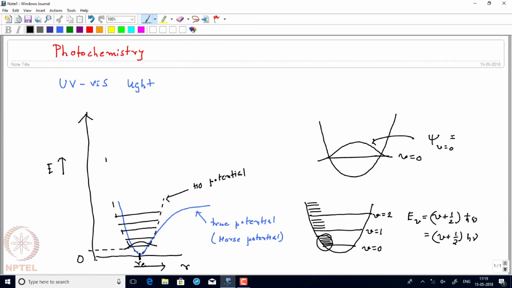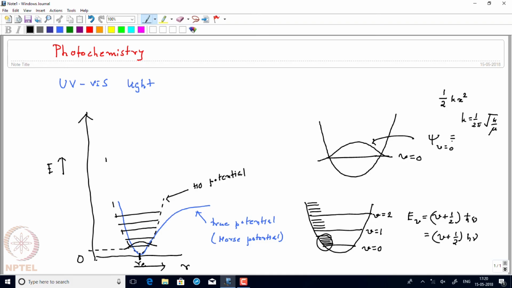As you know, these wave functions are basically solutions of the Schrodinger equation. If you use the potential in the Schrodinger equation to be just the one-dimensional harmonic potential, which is half k x square, and the frequency is 1 over 2 pi root k by mu, then you will see that this wave function will be a Gaussian function.